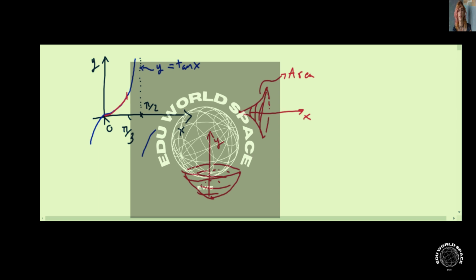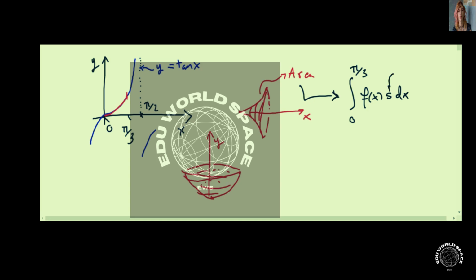So for this one, we know that by the formula, the area is gonna be the integral from 0 up to pi thirds of f of x, well, the length of the curve, dx.